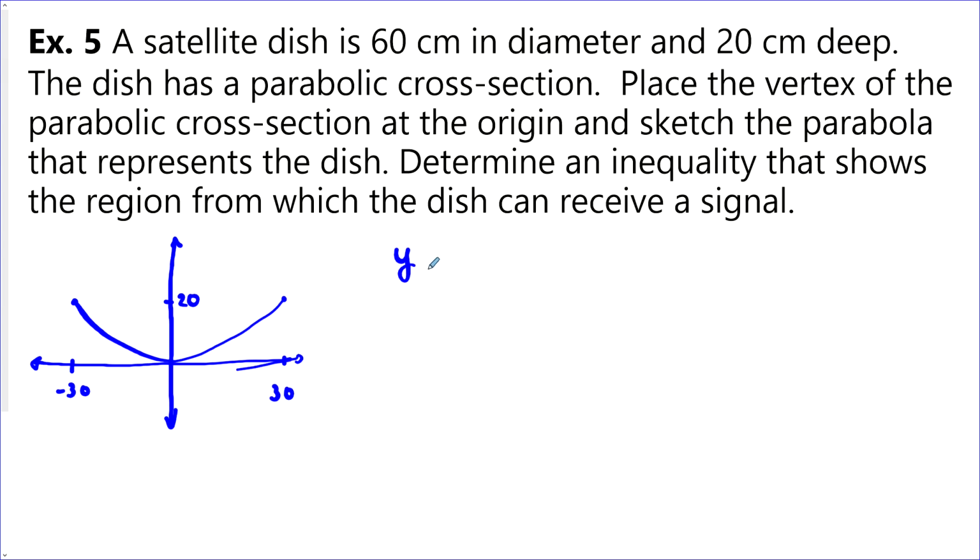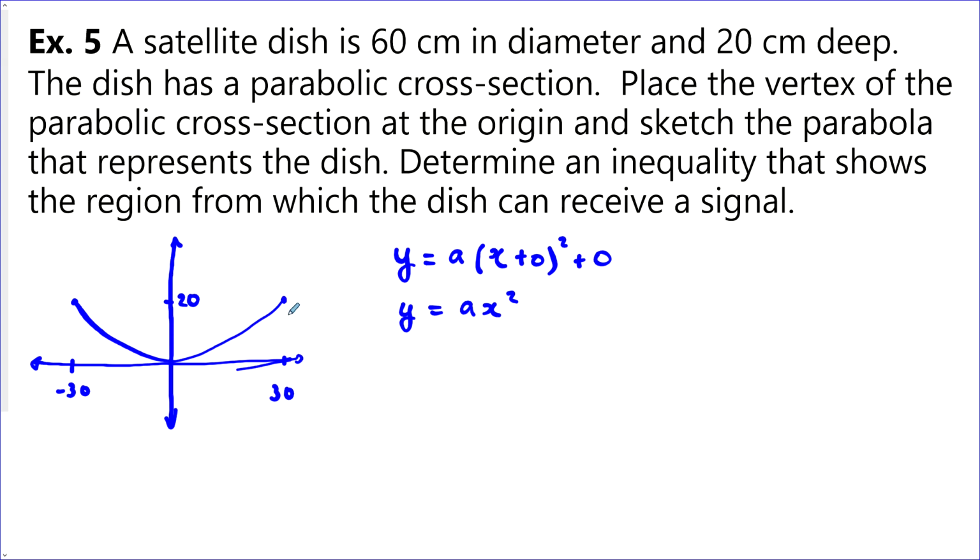So let's go y equals some a value. We could do vertex form, 0, 0. So that would be x plus 0 squared plus 0. Let's tidy this up a bit before we go on. It's just y equals ax squared. What's the point we know?